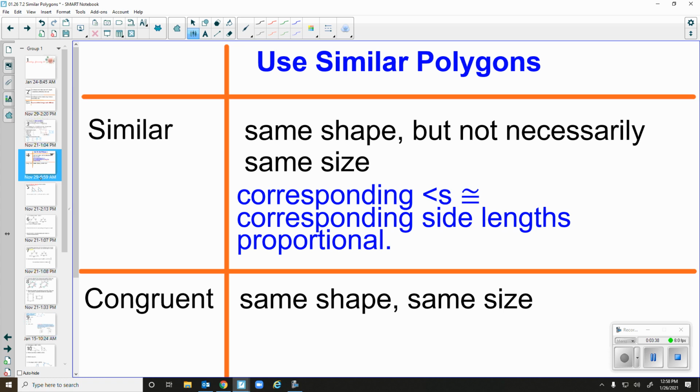So congruent is always similar. Similar is sometimes congruent. Things like that.